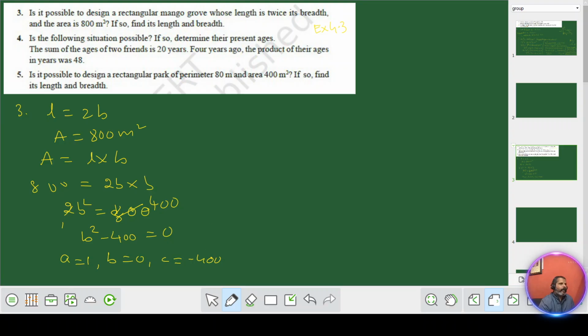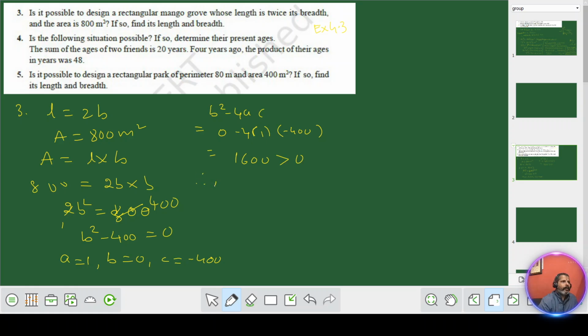Now find b square minus 4ac. b square minus 4ac is equal to 0 minus 4 into a is 1, c is minus 400, which is 1600, which is greater than 0.